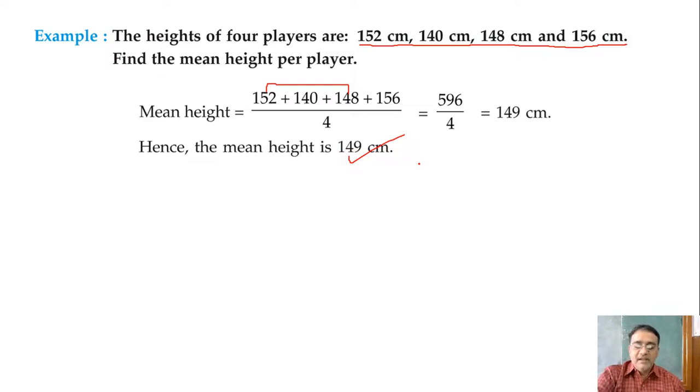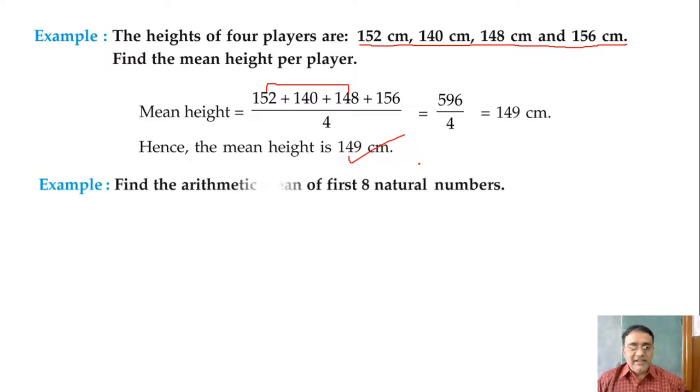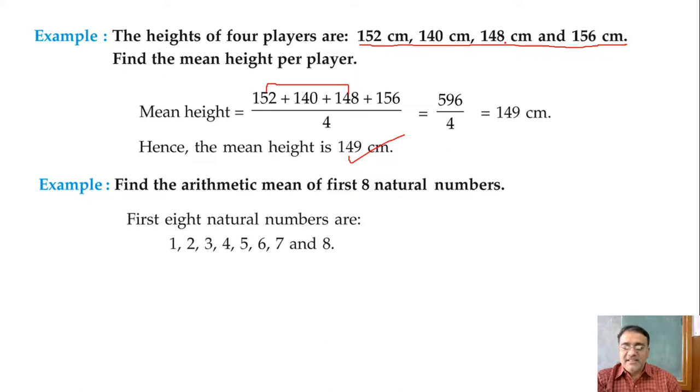Okay, and let us see one more example. Find the arithmetic mean of the first 8 natural numbers. What are the first 8 natural numbers? Sir, 1, 2, 3, 4, 5, 6, 7, 8. Very good. Number of observations is 8.